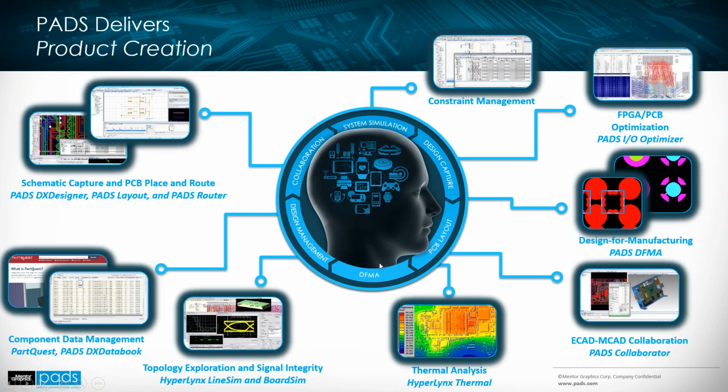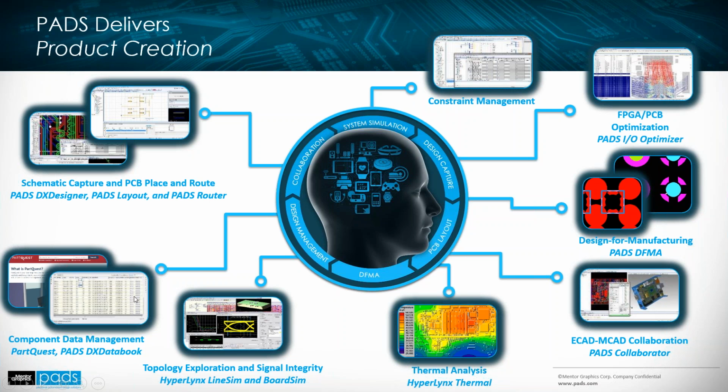So looking at my next slide here, when we talk about the PADS creation platform, this is really the schematic entry and layout tools. So you have DX Designer for the schematic, we have PADS Layout and PADS Router, and what's connected in that platform is all these other facilities and tools to help you get that product out the door quickly.